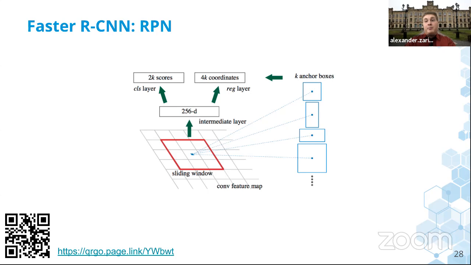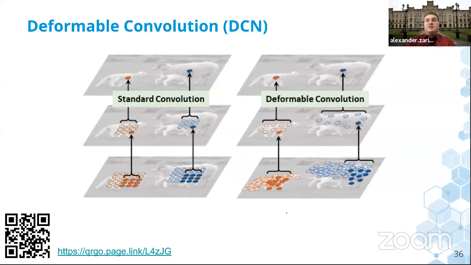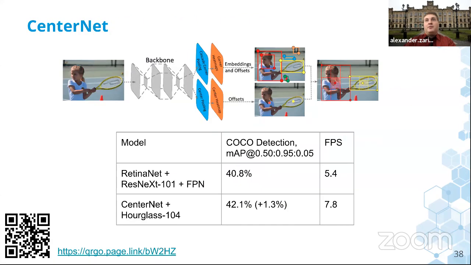And the anchor-free approaches are the opposite. They are trying to get rid of these anchor boxes, and they are trying to predict the shape of our box directly from the image without any prior assumption about box shapes and scales.